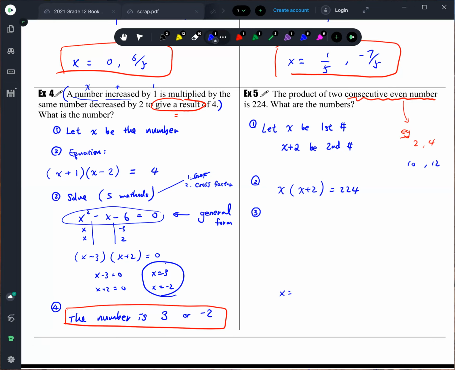Okay, Enya, you have the 2 x values. Yeah. Okay, what do you have? 14 and negative 16. Okay, thank you.